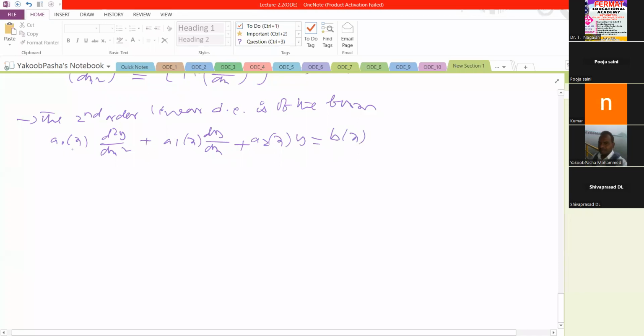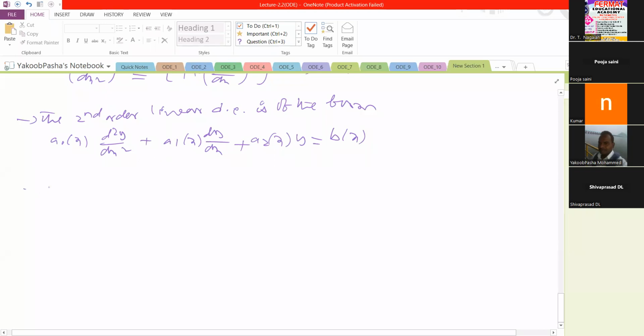Here a0 of x, a1 of x and a2 of x are functions of x, may be constants, but not functions of y. Dependent variable functions should not be there, independent variable functions are fine. This is the second order linear differential equation.